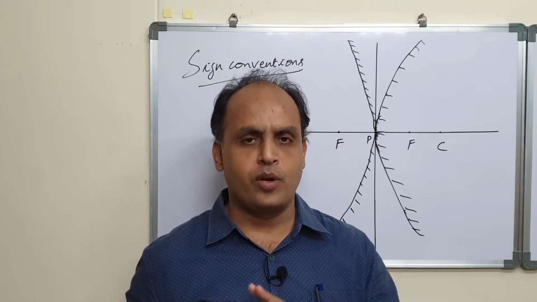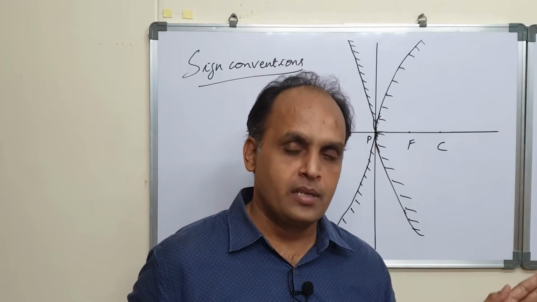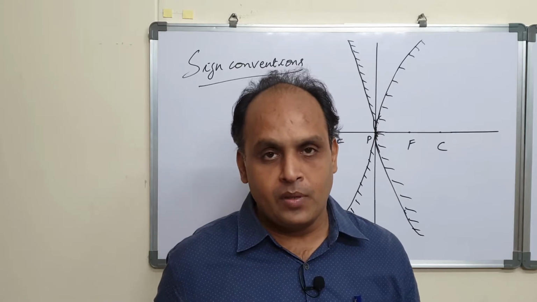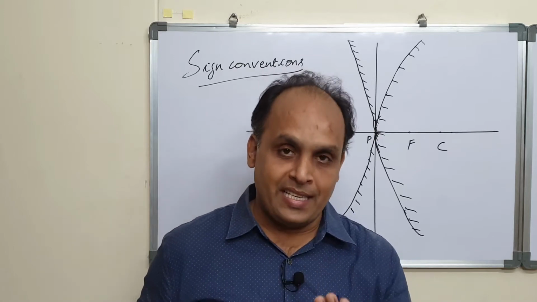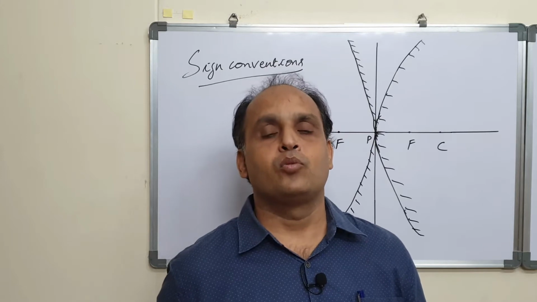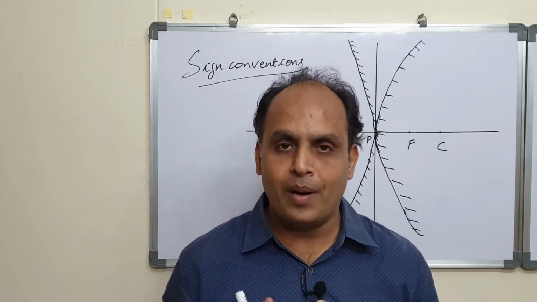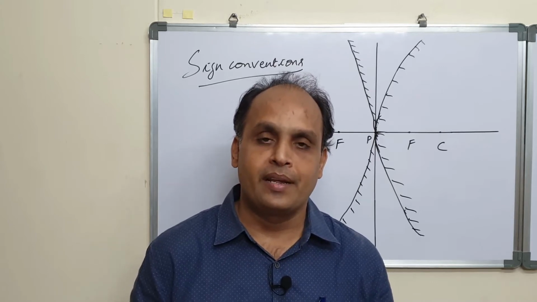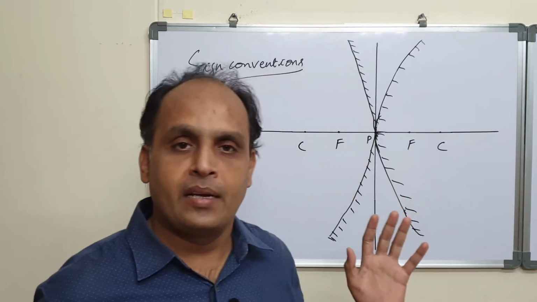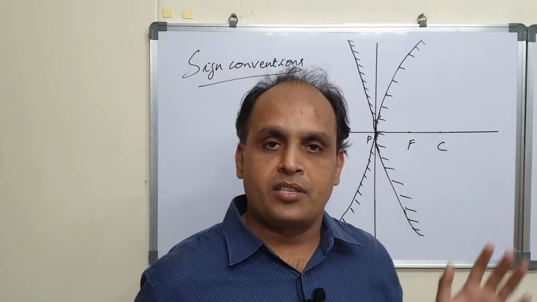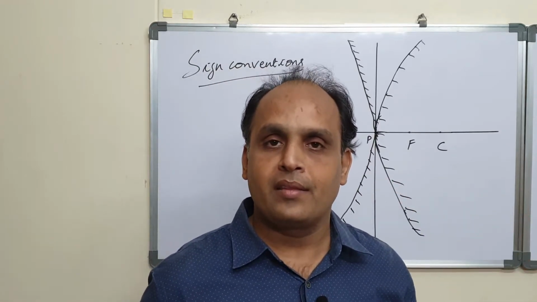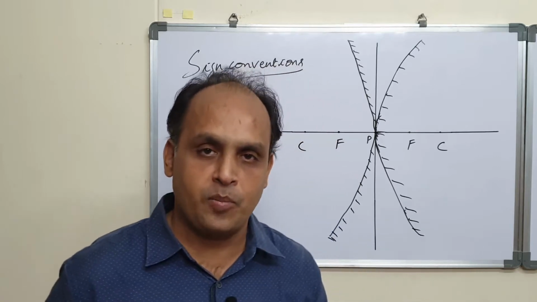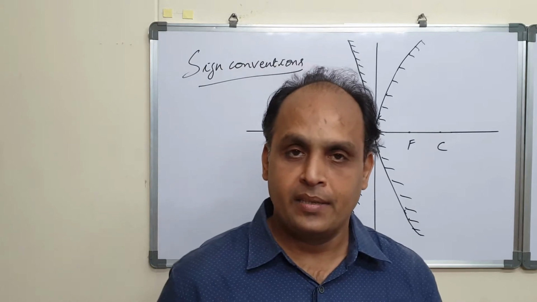Suppose the object is going towards south from the reference point, then the direction towards north would be negative. Suppose the object is going towards east, then towards west would be negative. In much the same manner as we learned about distance and displacement in grade 9, we will be learning about the object distance, image distance, focal length, height of object, height of image, all of them from a reference point or a reference line.